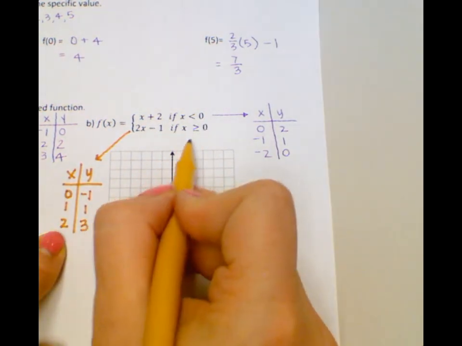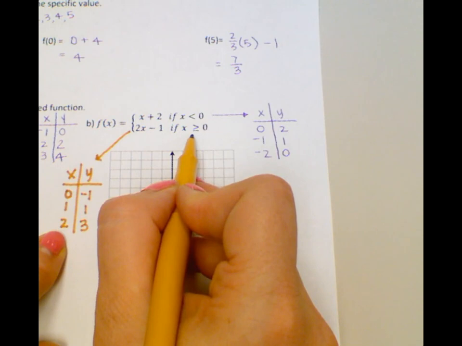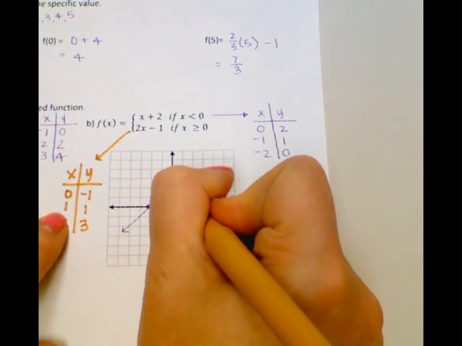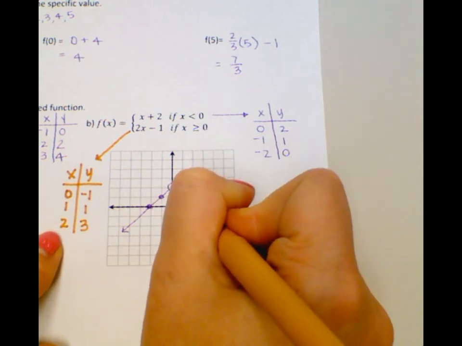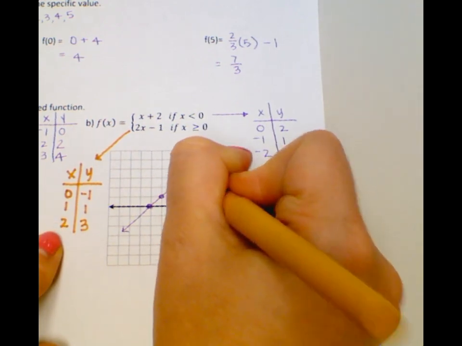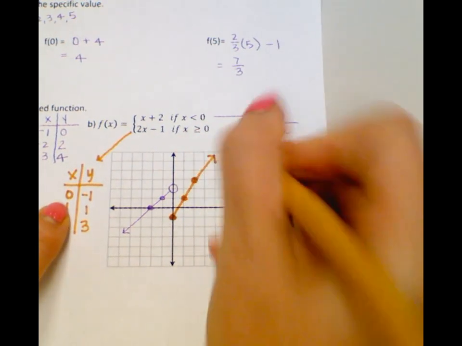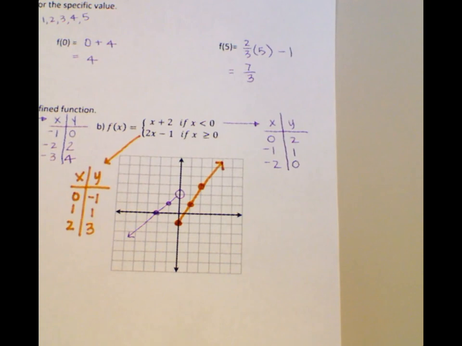All right, is this going to be open or closed? Look at your inequality. Closed. So 0, -1, closed. 1, 1, 2, 1, 2, 3. So again, start at the starting point and go up with your line. And there it is. All right, practice some of those practice problems.